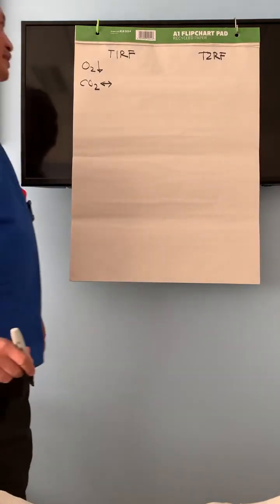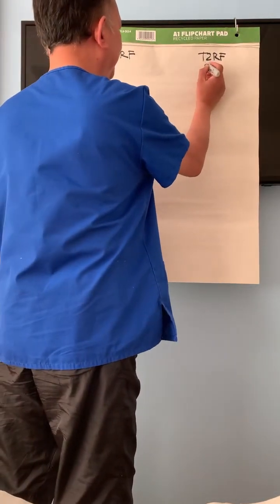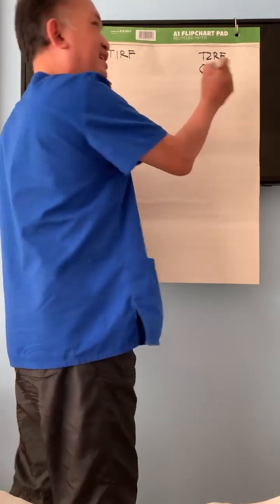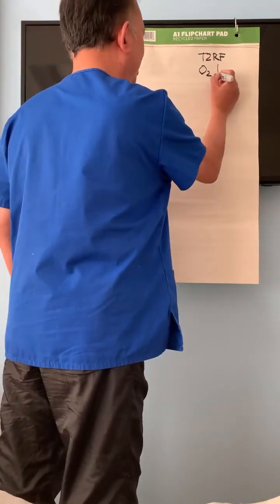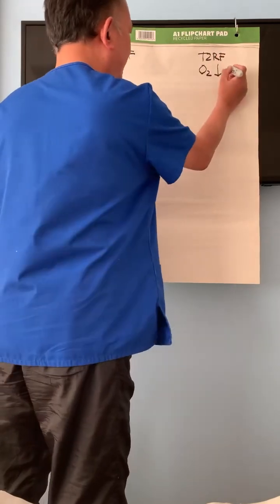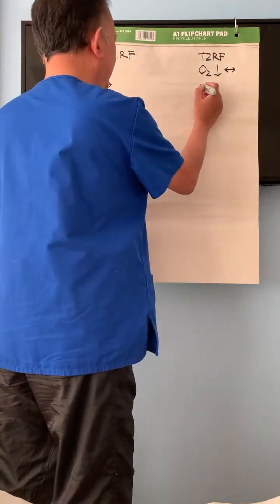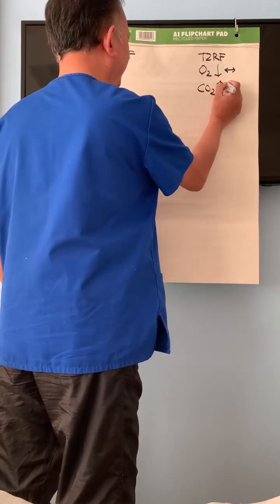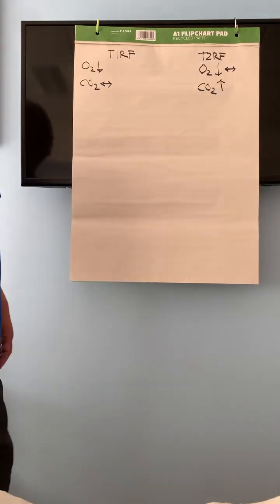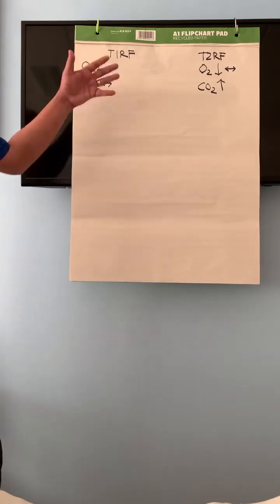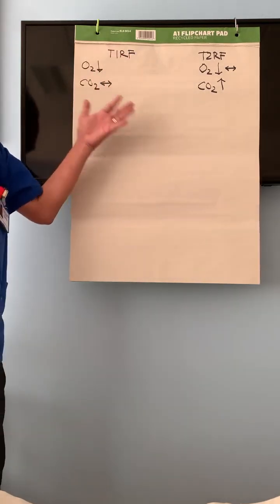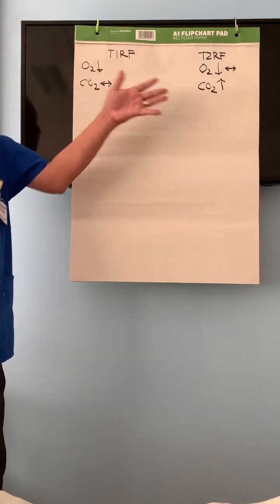Type 2 respiratory failure usually also has the oxygen drop, but sometimes it can be normal, but definitely carbon dioxide increase. So this is the main difference between type 1 and type 2 respiratory failure.